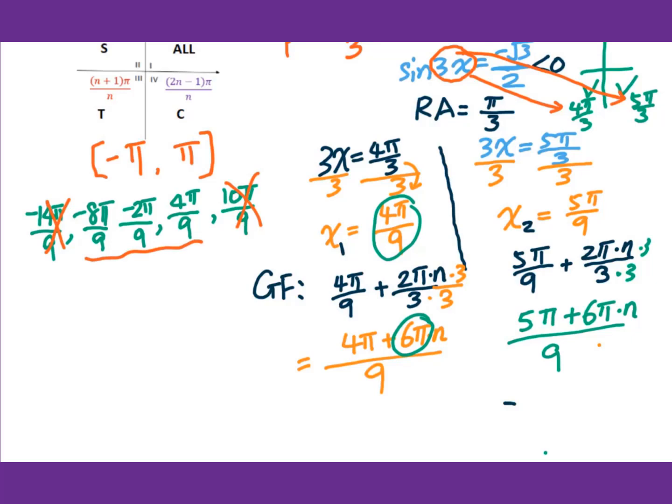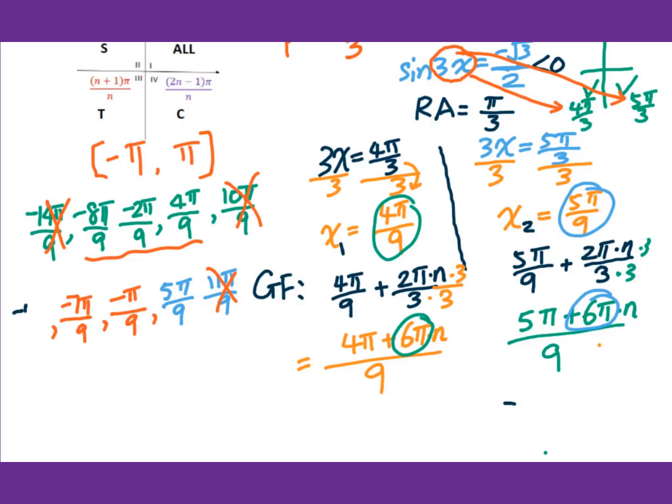Now let's check the second general form. That's 5 pi over 9. You still add 6 pi. So you got 11 pi over 9. It's out of this domain. Subtract 6 pi, that's negative pi over 9. Negative 7 pi over 9. Then you have negative 13 pi over 9.